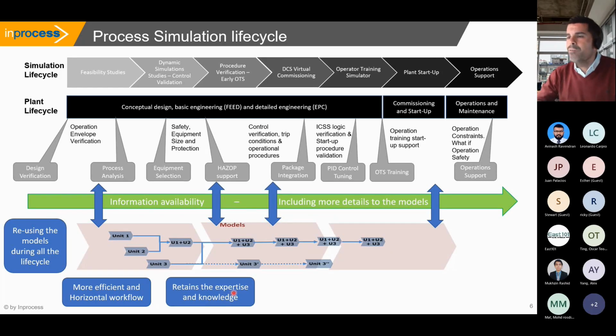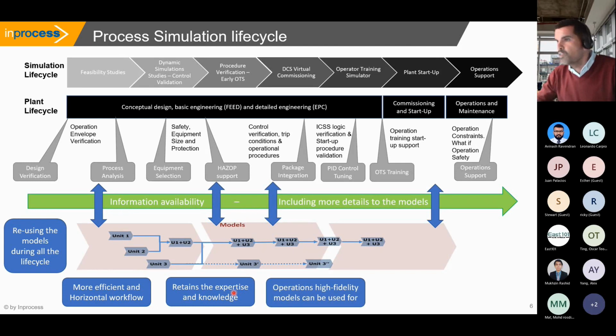From your side, having a unique partner allows you to get and to retain what we first saw during the studies, to be later used and valued by your operation team, right?